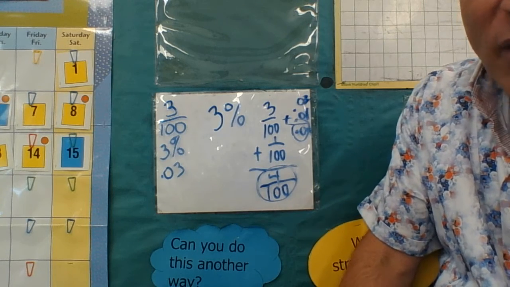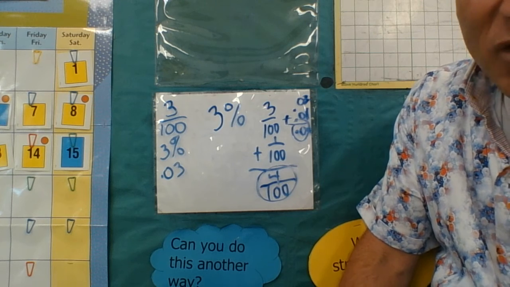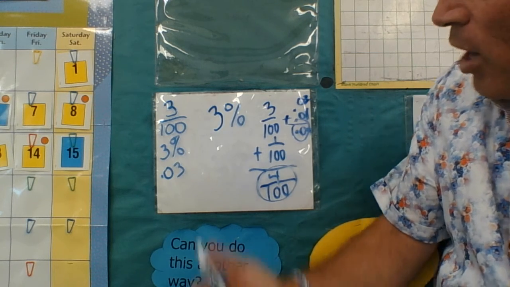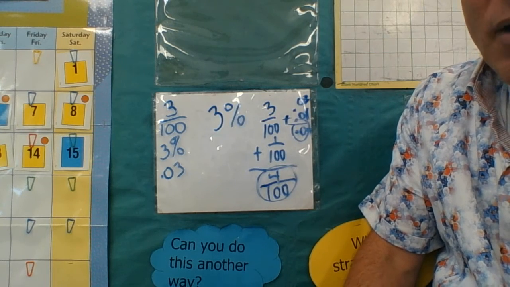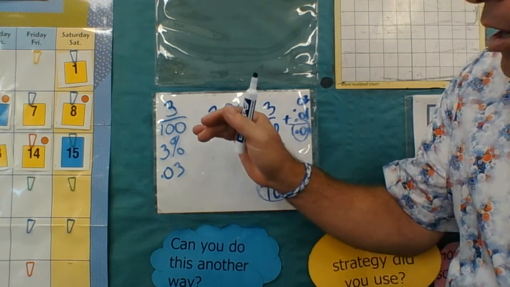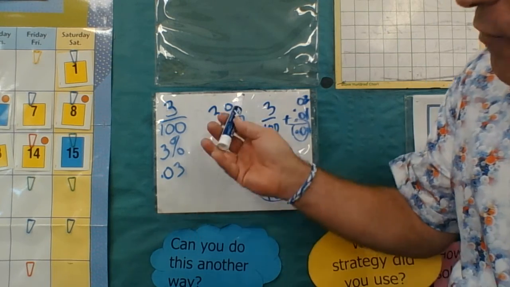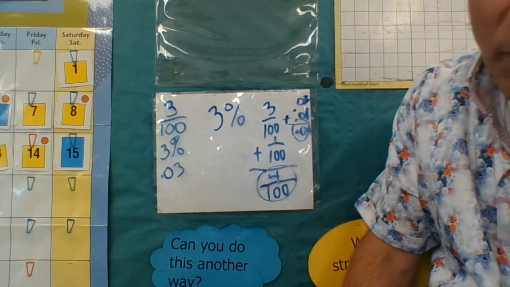Like if I said that 3% of the class likes dark chocolate, I wouldn't be able to take 3% the way it's written here and find out using the math what the answer is. So I would have to convert this into either a fraction or a decimal.